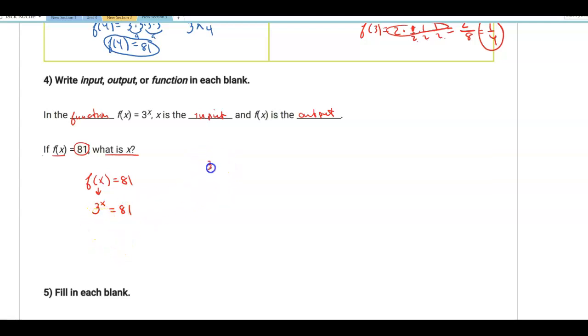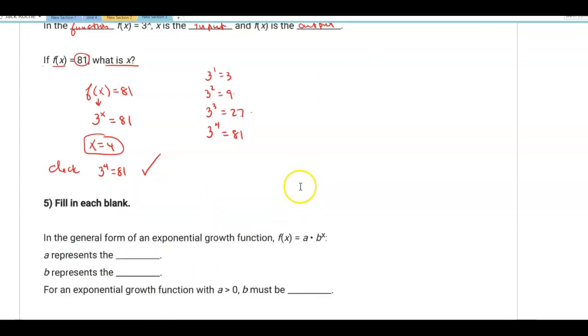I know 3 to the first power is 3, 3 to the second power is 9, 3 to the third power, 9 times 3, is 27. 3 to the fourth power is 27 times 3, which is 81. So in this case, x would equal 4. The way we check it is, is 3 to the fourth equal to 81? Yes. So the value of x that makes that equal 81 is 4.